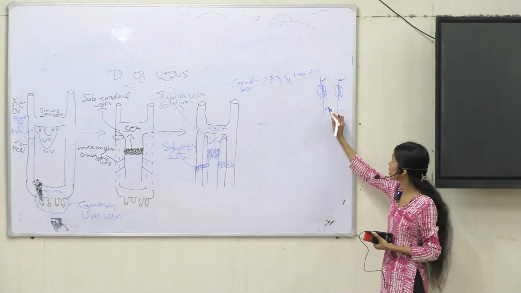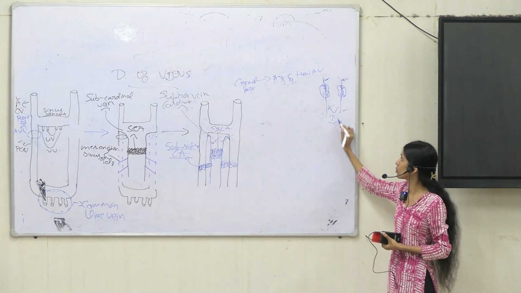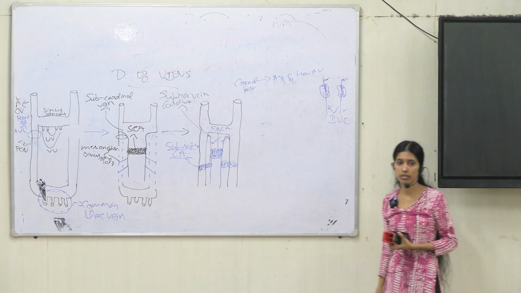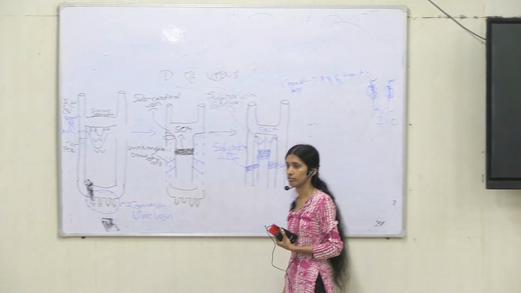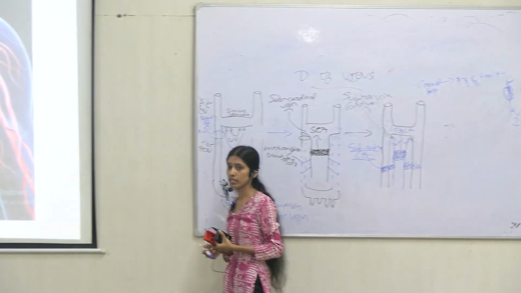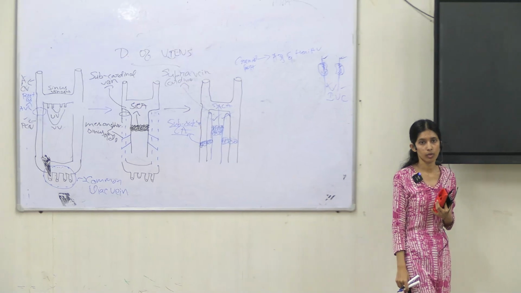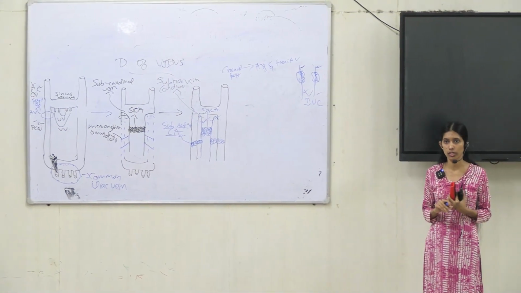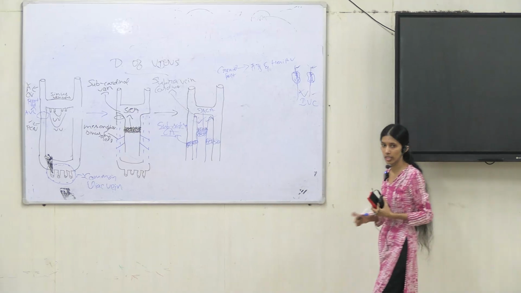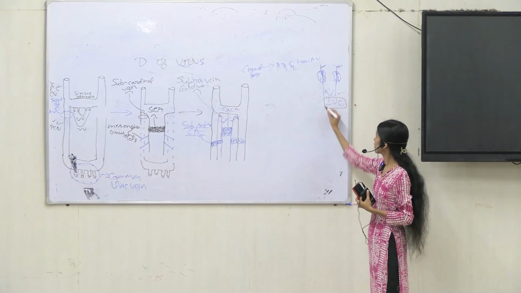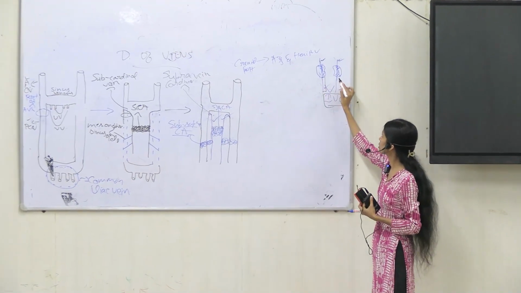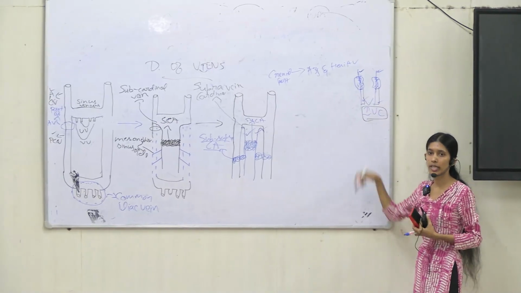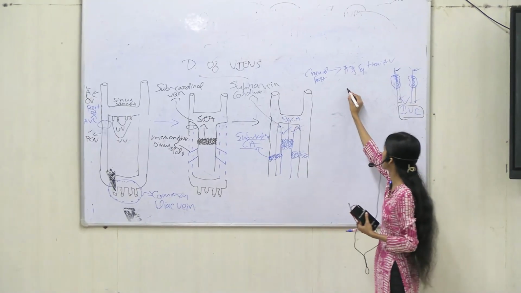And your caudal part, this one, will develop into inferior vena cava. Is it clear? Okay, during the development stage, we can totally see 4 segments. Not 3 segments, but 4 segments. So this inferior vena cava is made up of 4 different segments like this.